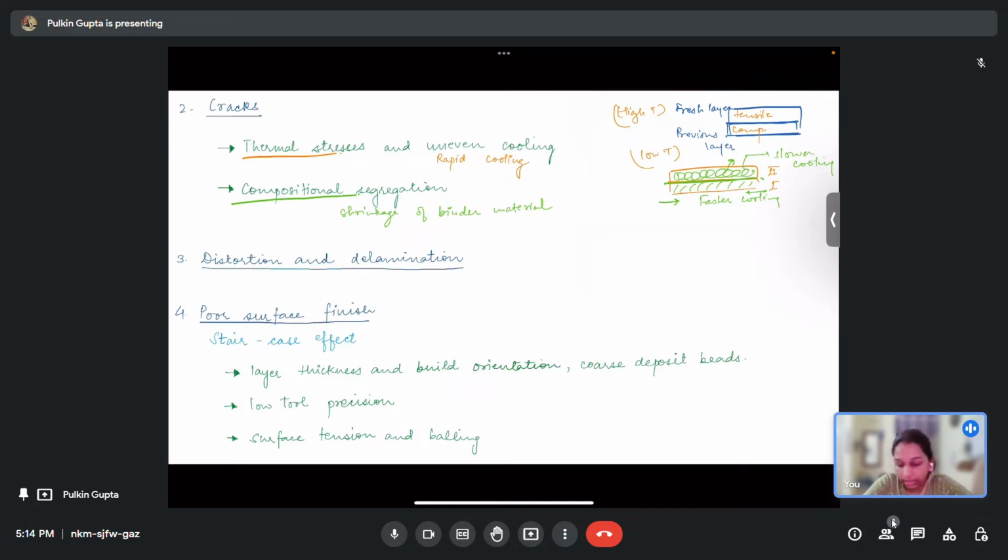Now, the next kind of defect is distortion and delamination.